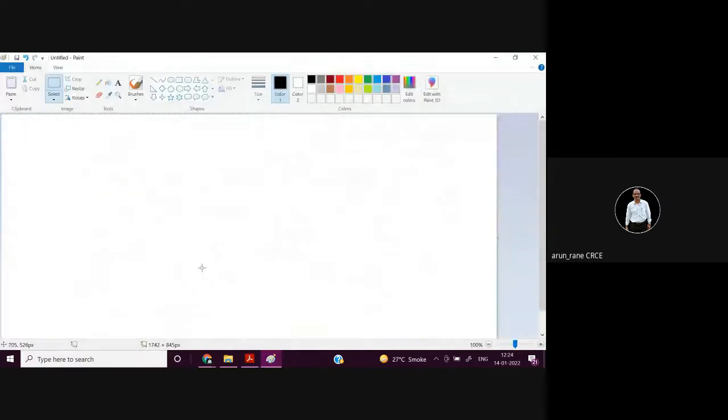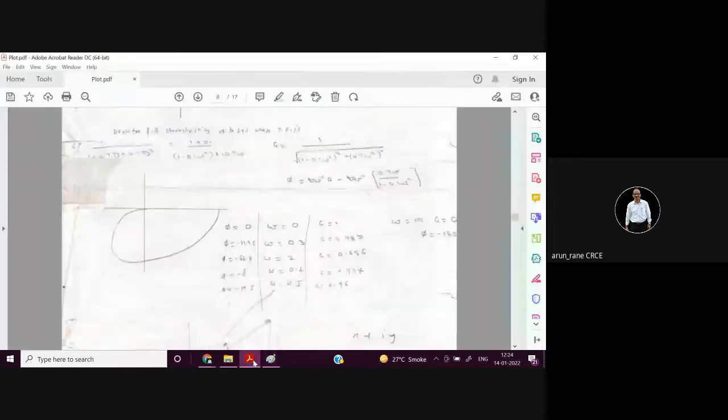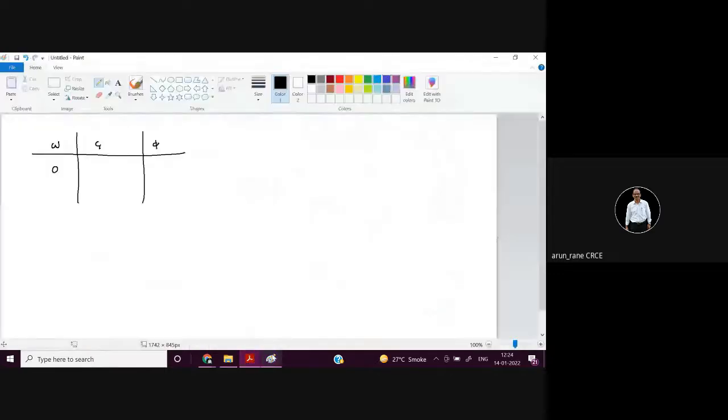So let us write the values of omega, then g, and then phi. Omega we are varying from 0. When it is 0, phi is 0 and g is 1. So we'll write phi first and g later. It will be easy to plot.